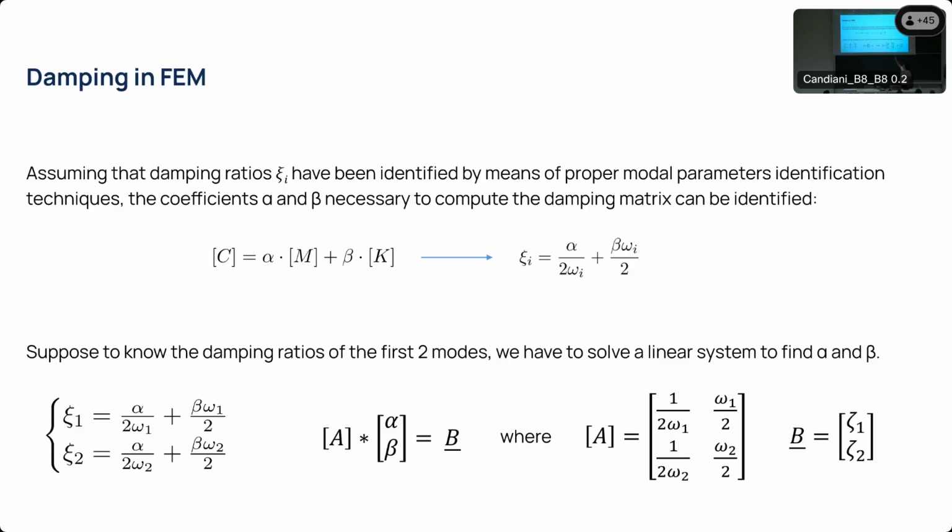So in this case, what we use are the modal damping ratios of a certain number of mode shapes that we obtain, for example, experimentally, for example, numerically, for example, under a certain set of hypotheses, and we use those parameters to solve a linear system whose outputs are the parameters alpha and beta, which are the weights with which we sum the mass and the stiffness matrix. So we can use the same approach also in FEM.